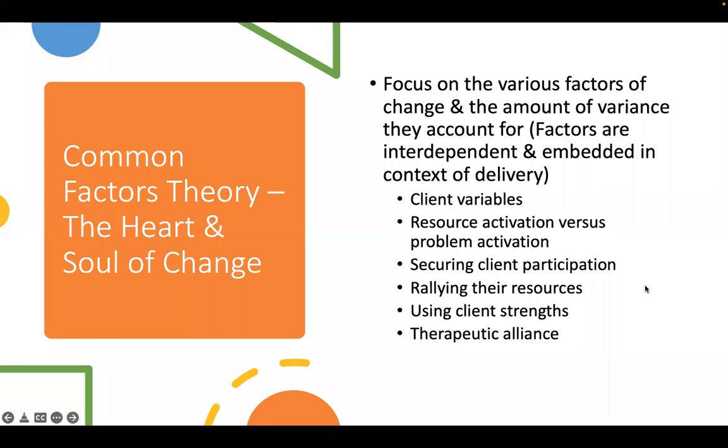So the amount of variance, when we focus on various factors of change, again, each model has their own theory of change, and they have created interventions and techniques that they believe facilitate change, and the amount of variance they account for. So these are the variables that common factors research has found, these are the factors that account for change.